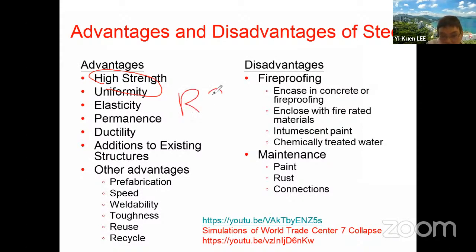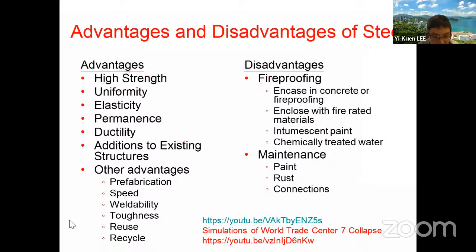Reinforced means using steel, and concrete is more fireproof. This is the way we do this hybrid approach to overcome a practical engineering issue. I hope you get this.